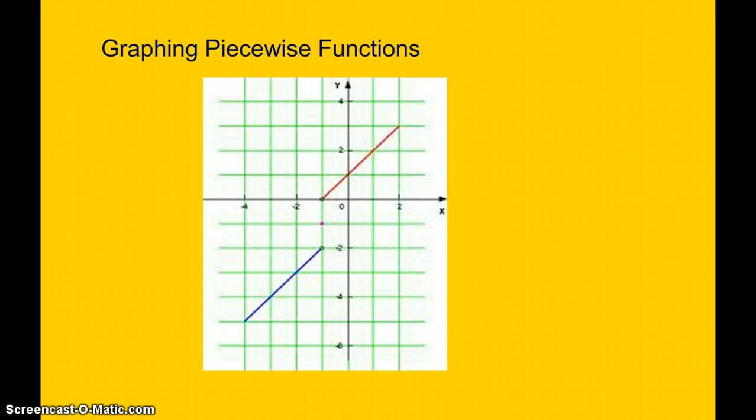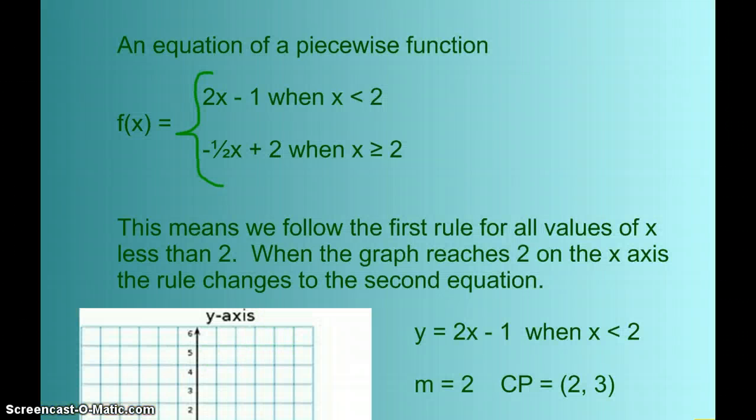Alright, so now we have some idea of what we're talking about with a piecewise function. As we jump ahead and look at our first example, we have an equation of a piecewise function given to us here. We talked about a piecewise function being in two parts, where you're going to follow one rule for a certain amount of time, and then you're going to jump to another rule.